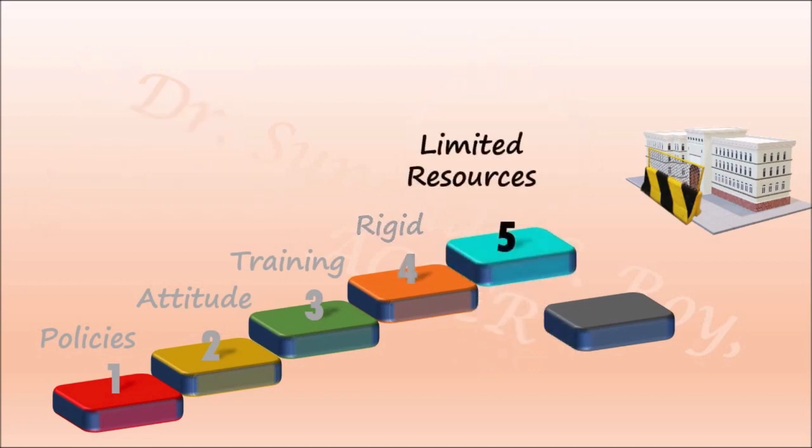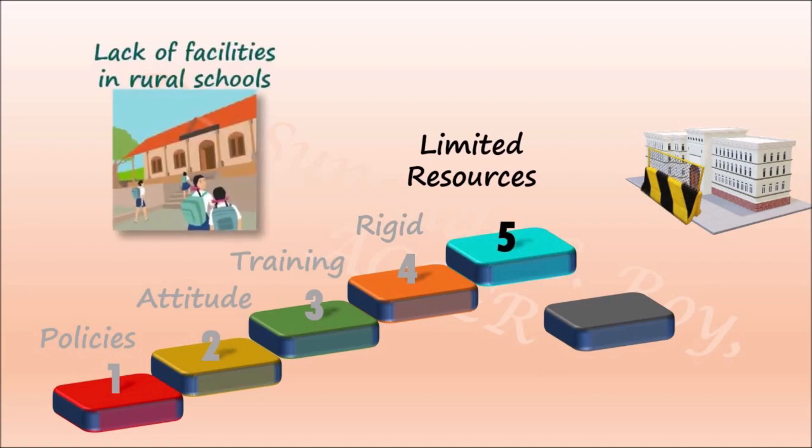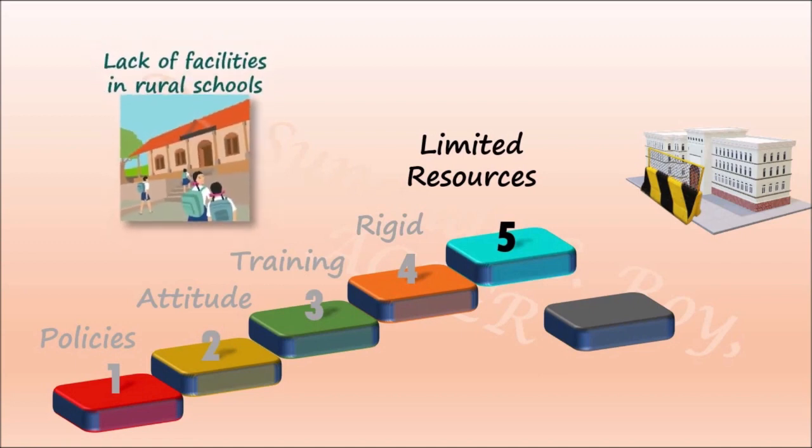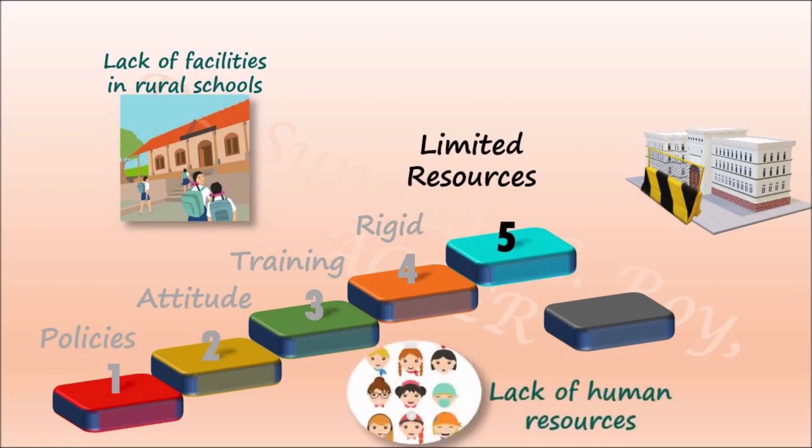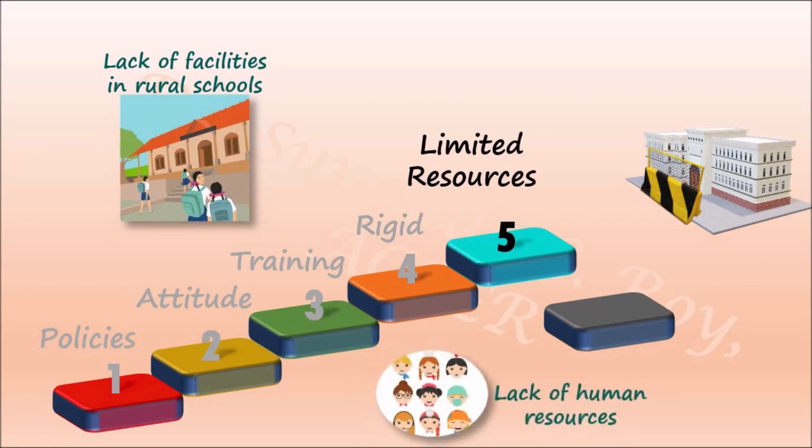The fifth challenge is limited accessibility and provision of resources. One of the main features of inclusive education is to bring into the classroom the necessary physical and human resources for the differently abled students. Schools, especially in the rural areas, have poor basic infrastructure like no ramps or Western-style toilets and lack of appropriate human resources.